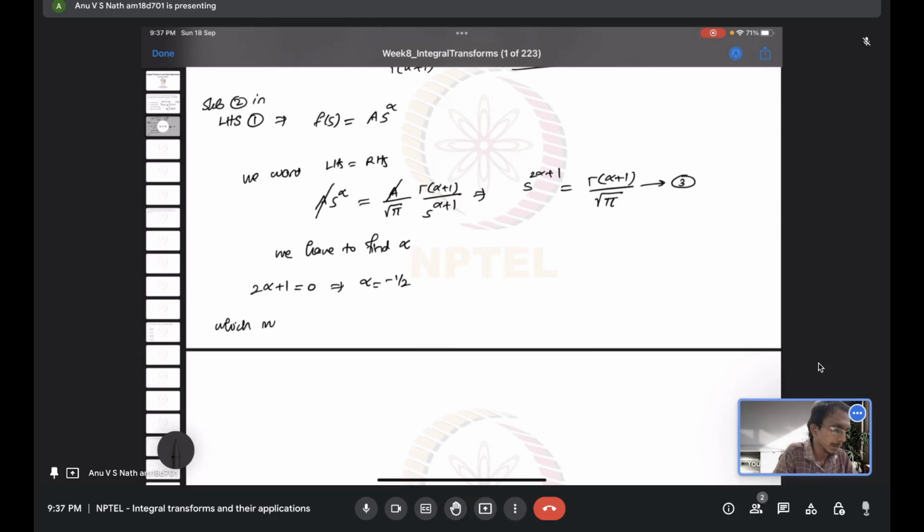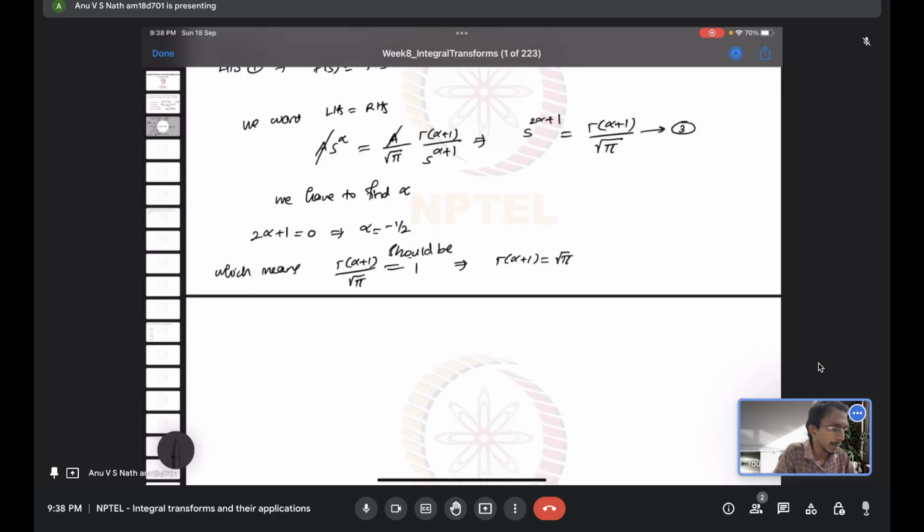which means gamma of alpha plus 1 by root pi should be equal to 1. So that means gamma of alpha plus 1 should be equal to root pi, and for alpha equal to minus half, gamma of alpha plus 1 is indeed root pi.